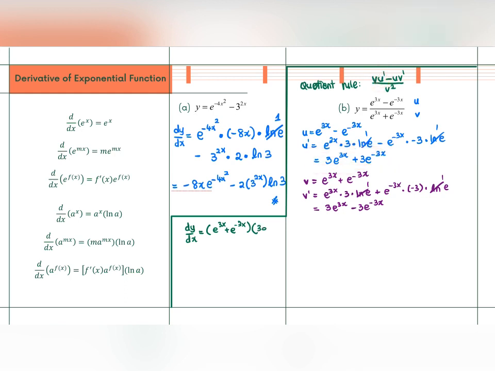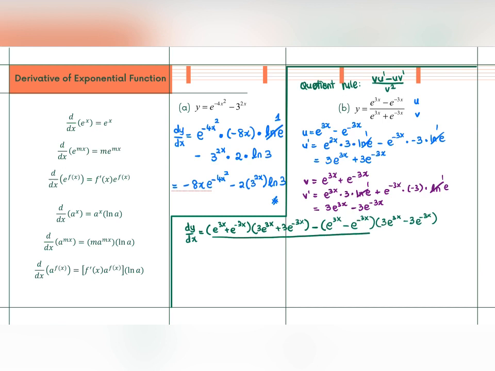So 3e 3x plus 3e negative 3x minus, now kita perlukan u, this region. So we have e 3x minus e negative 3x. And last kali kita perlukan v prime. So 3e 3x minus 3e negative 3x.